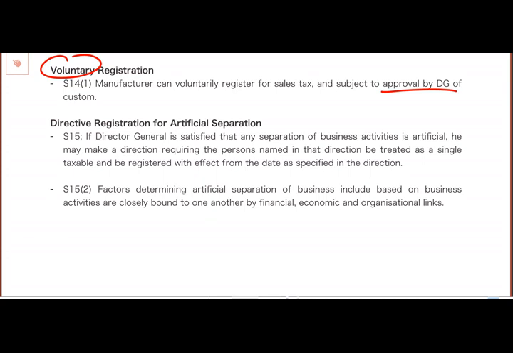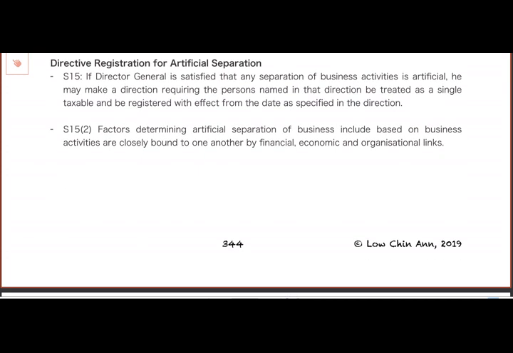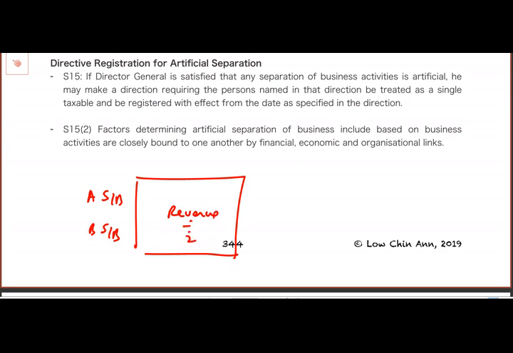Okay, what is this? Now imagine people are trying to cheat. Let's say I'm going to have a factory, but I made it in such a way that I go and incorporate two companies. So I have A Sdn Bhd and B Sdn Bhd. So that eventually, my revenue, I divide it by 2.